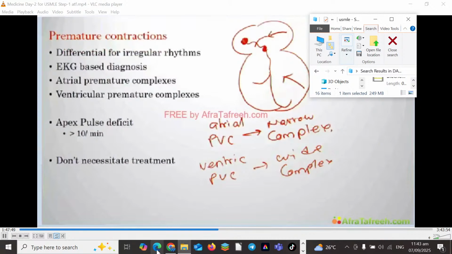The atrial premature contraction will always be narrow because the ventricles are contracting through the conduction system. The ventricular premature contraction would be wide because this is going through the musculature and not through the conduction system. Is it clear?